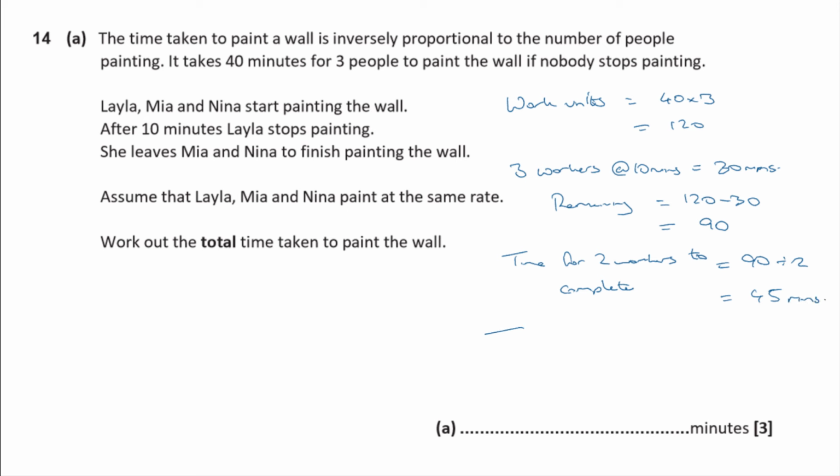So then the total amount of time is going to be the 10 minutes that all 3 of them worked plus the 45 minutes that 2 of them worked, giving a total of 55 minutes. Okay, that's the way I would have worked it out. Other methods are available, but 55 minutes is the answer.